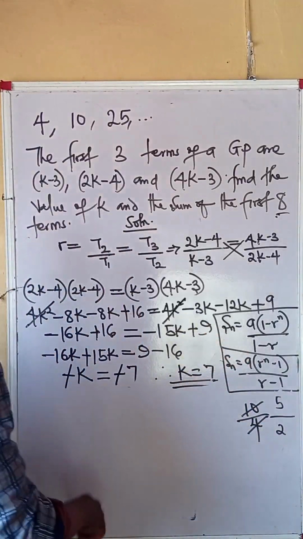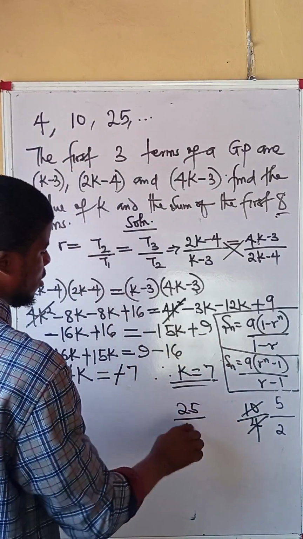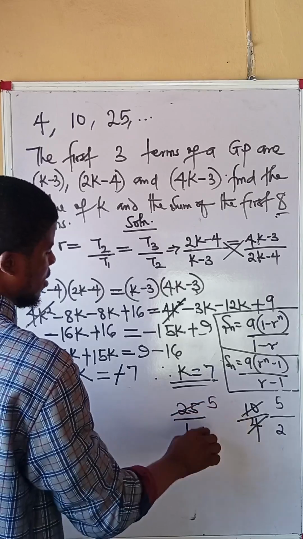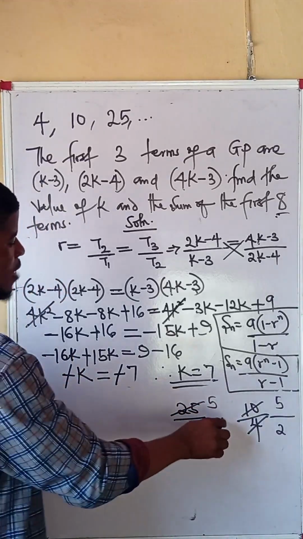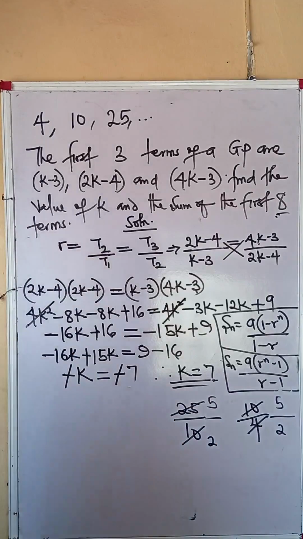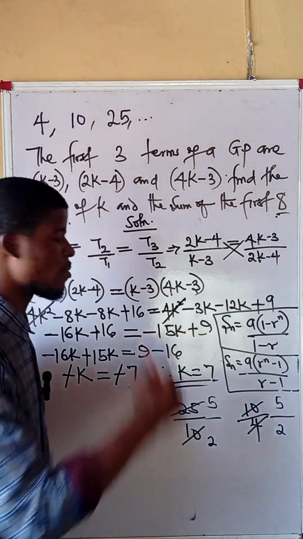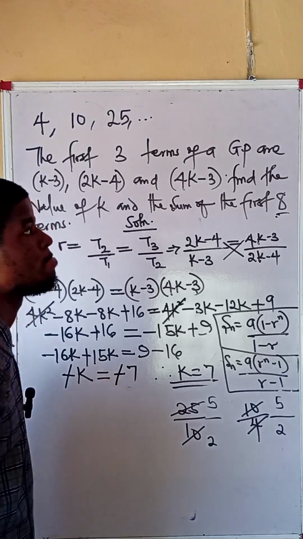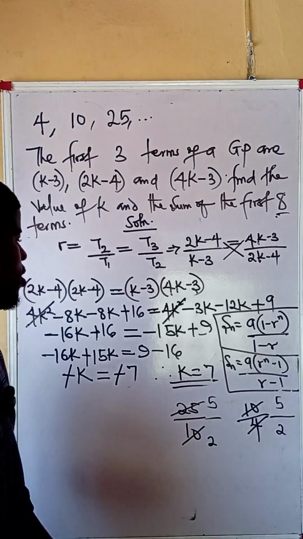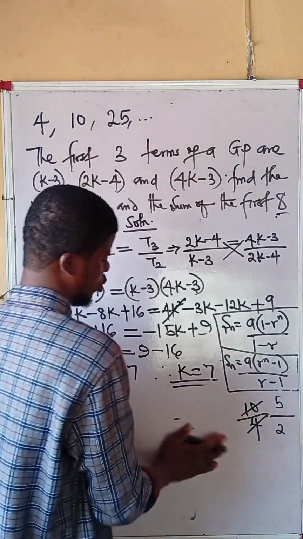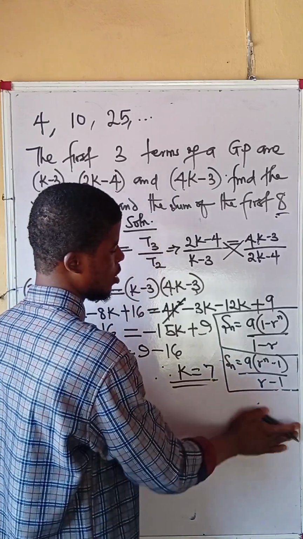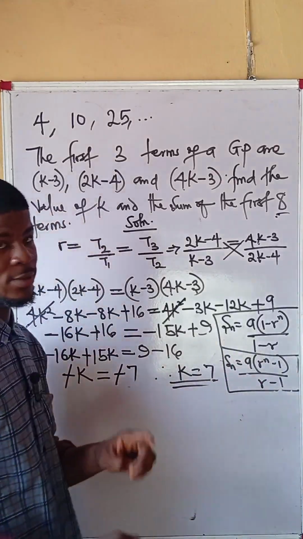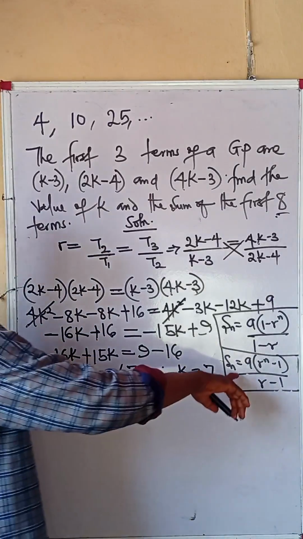Let's verify that from the second one: 25 over 10. 5 here is 5 and 5 here is 2, the same 5 over 2. That means we are correct. So the common ratio is 5 over 2, and 5 over 2 is 2.5. You can see that 2.5, the common ratio, is bigger than 1, so I'll be using the second formula.